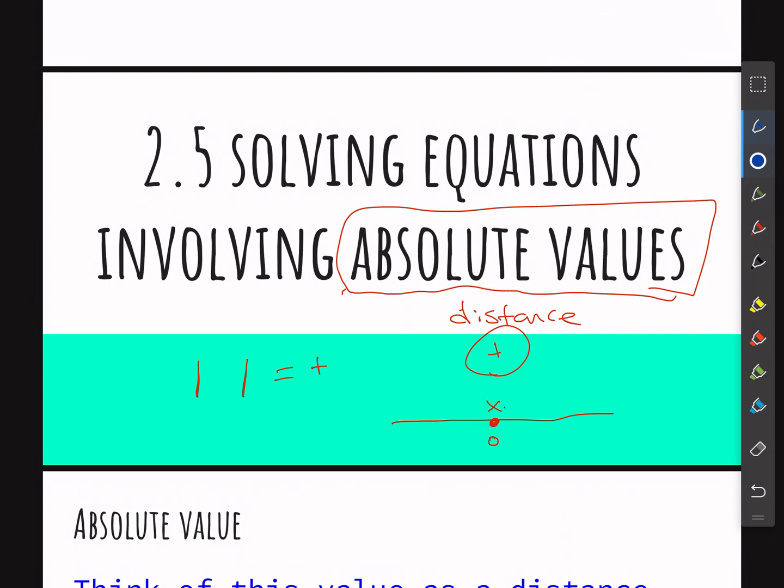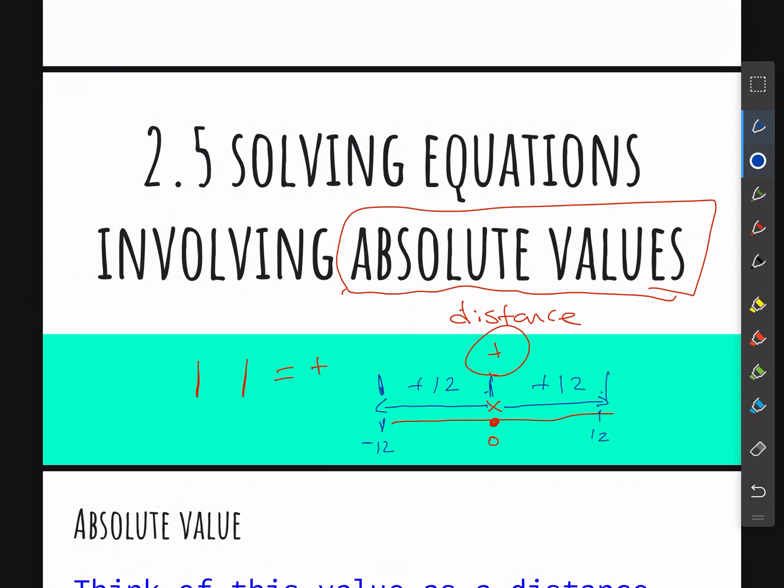You could move 12 in this direction, and on a number line you would be at positive 12. Or you could move 12 spaces in this direction, and you'd be at negative 12. No matter what you did, the distance from here to here is positive 12, right? And the distance from here to here is also positive 12.